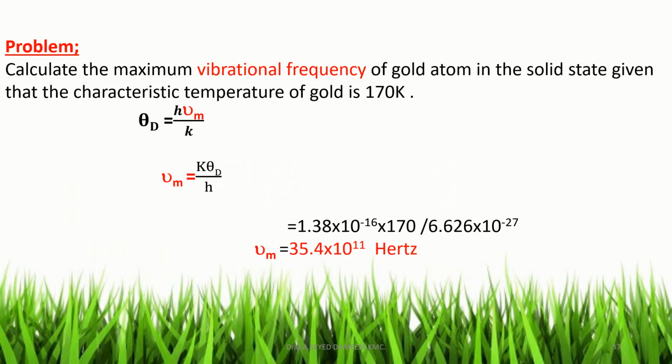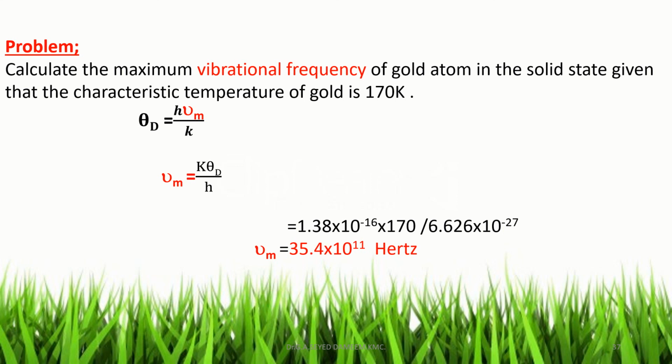Now this slide shows a problem related to the determination of nu m value. The problem is: calculate the maximum vibrational frequency of a gold atom in the solid state, given that the characteristic temperature of gold is 170 degrees Kelvin. That is, theta D is given, and the data asked is nu m.